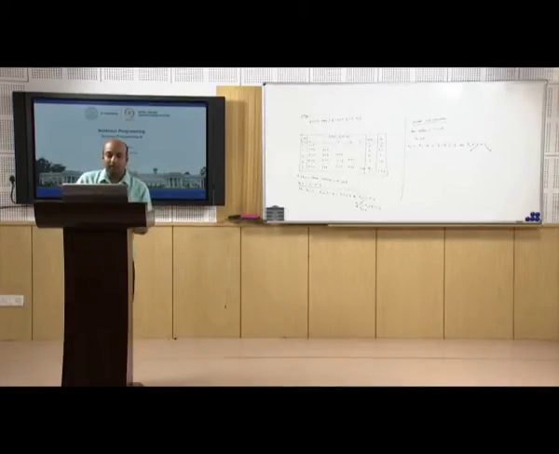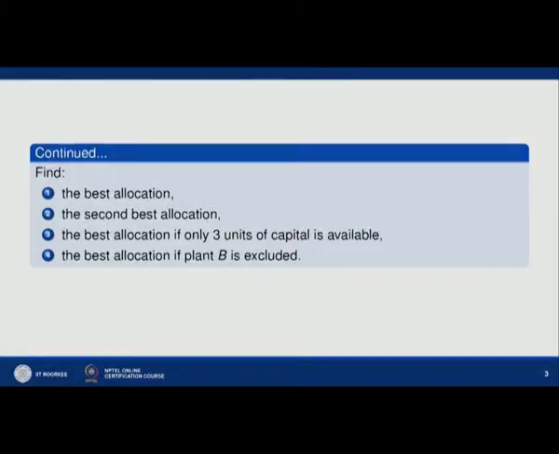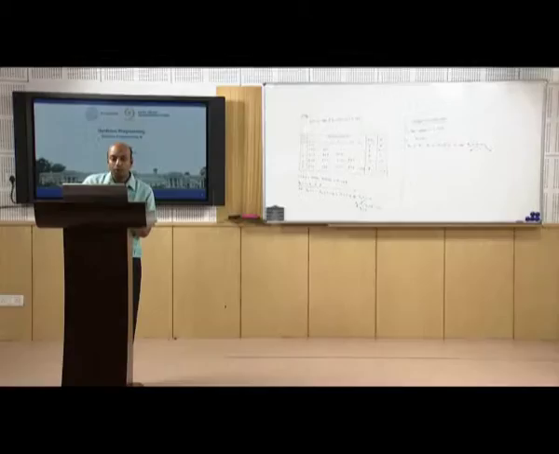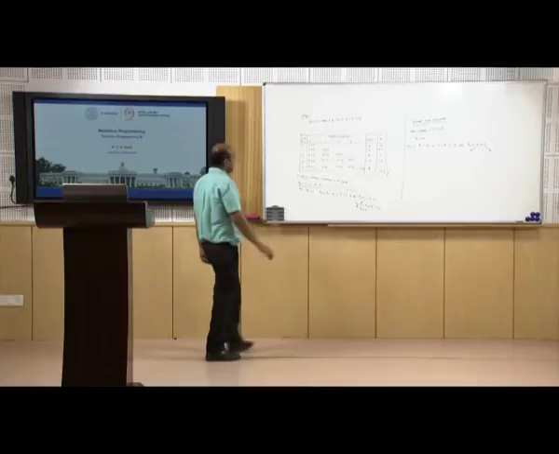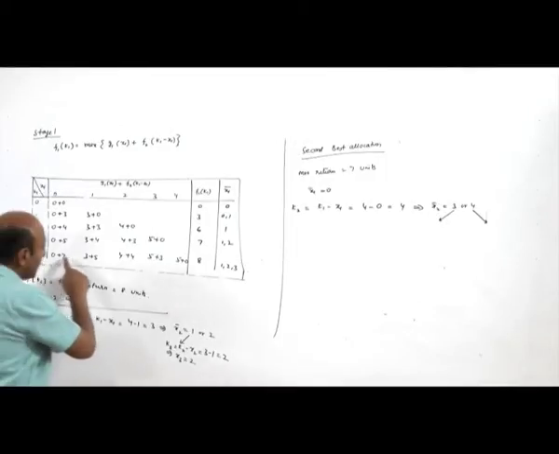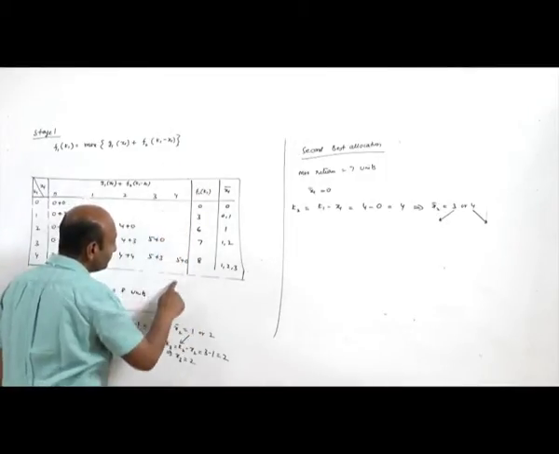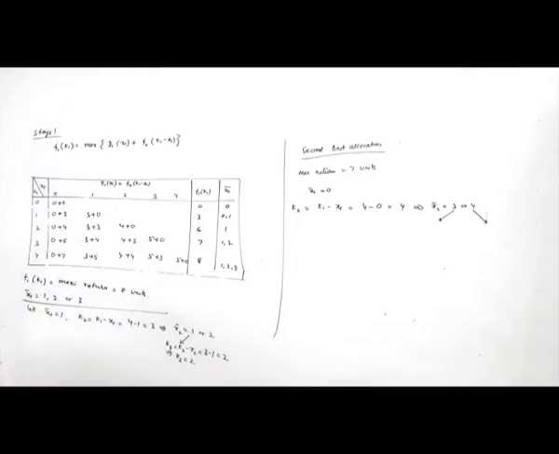Now the third part of the problem is the best allocation if only 3 units of capital is available. So, if only 3 units of capital is available, this means you simply delete this row and this column, because you are having only 3 units of capital. Okay.